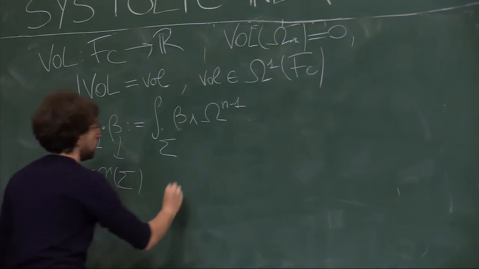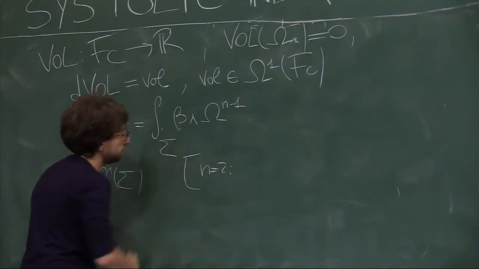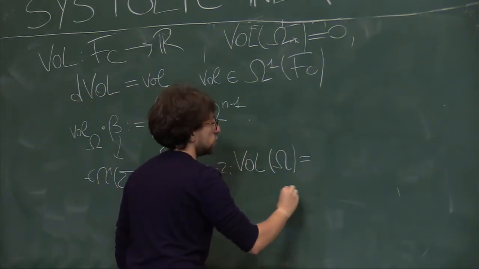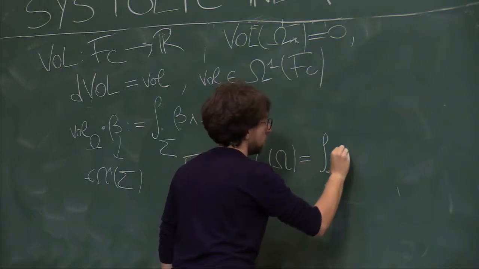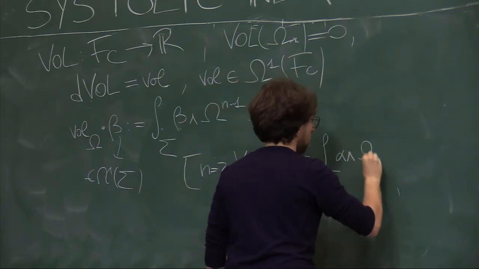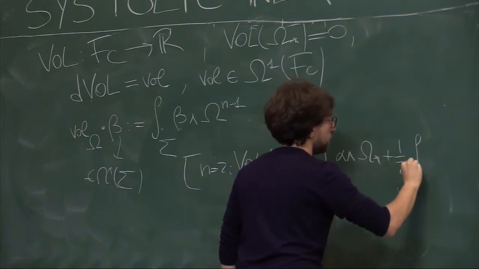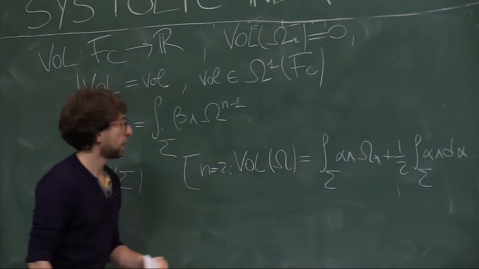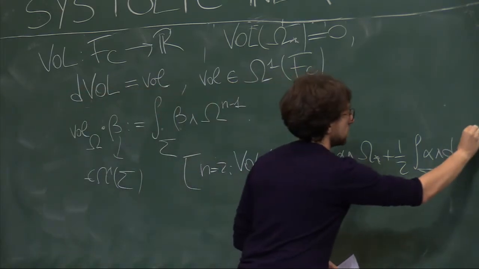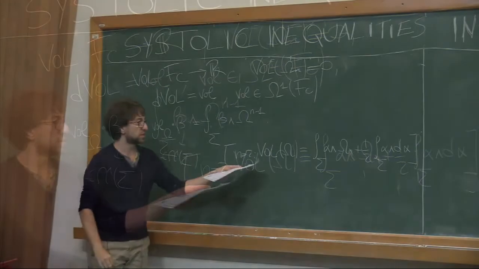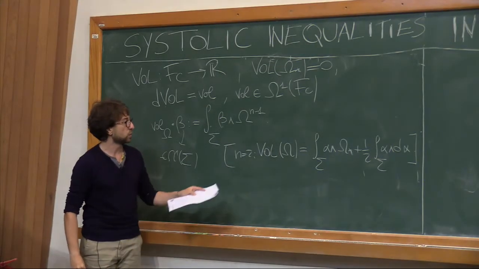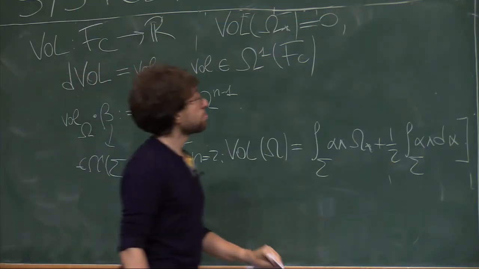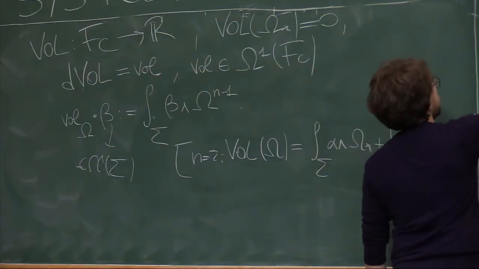Okay, so for example, when n is equal to 2, one gets that the volume of omega is just the integral of alpha wedge omega star plus 1/2 integral over sigma of alpha wedge d alpha. Okay, so this is for the case in which the manifold is 3-dimensional, so when n is equal to 2. Okay, in higher dimension, one gets a more complicated expression. Okay, so this is a candidate for the volume.